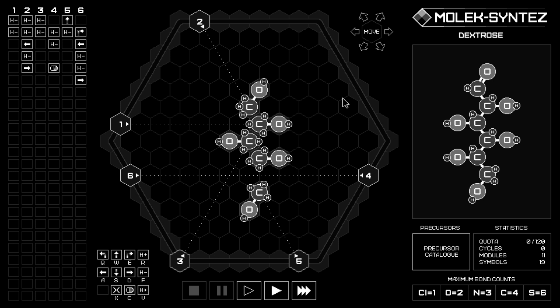So I grab a bottle of toluene from the shipment and pour it into the toluene container that leads into the big tanks at the back of my unit, the actual Molek-Synthez machine, or the molecular synthesizer machine, and that's where it's stored until I actually use it to make a certain product.